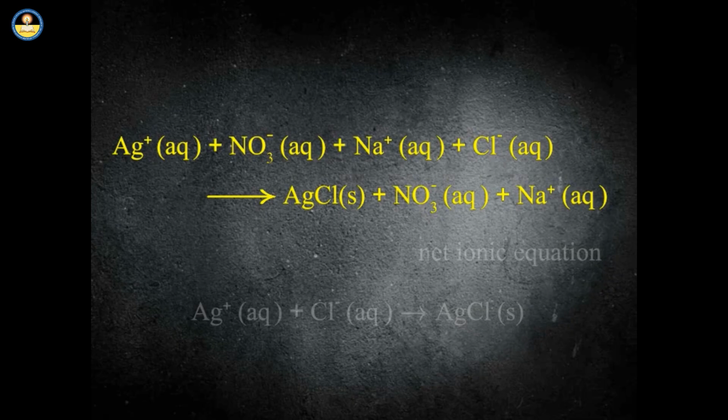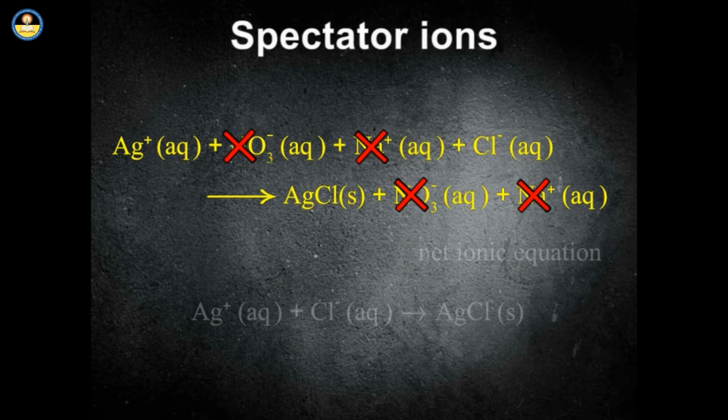This means that reaction has taken place between silver and chloride ions to form silver chloride. No reaction takes place between sodium ions and nitrate ions. This means these ions do not participate in the reaction. They are called spectator ions.